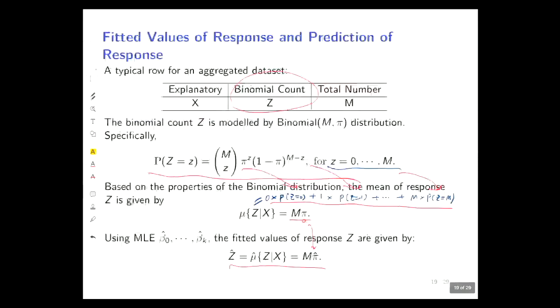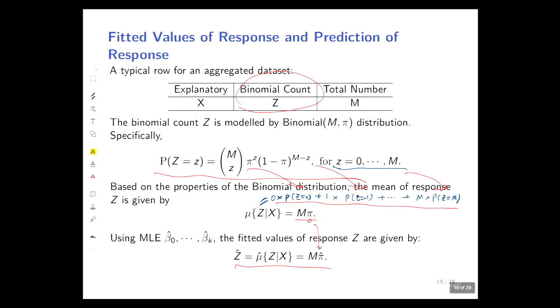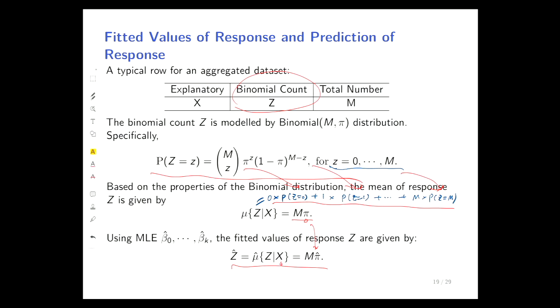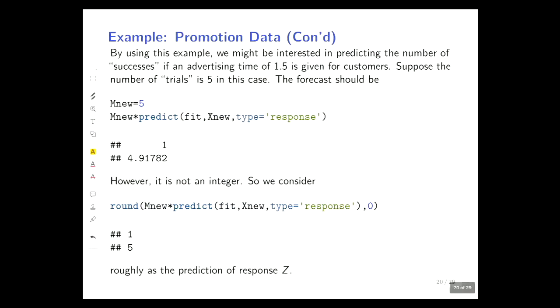And if you still remember, the only difference between the fitted value and the prediction here is that if we use some new value of x, we are going to have the prediction of z. So let's just look at it. In this specific case, we still consider the advertising time of 1.5 seconds, but for this specific value of the advertising time, we consider 5 customers in this experiment.